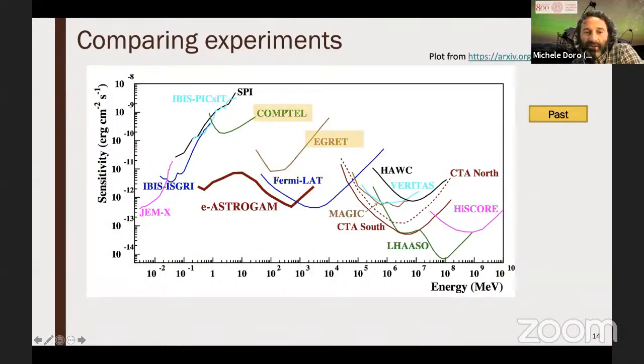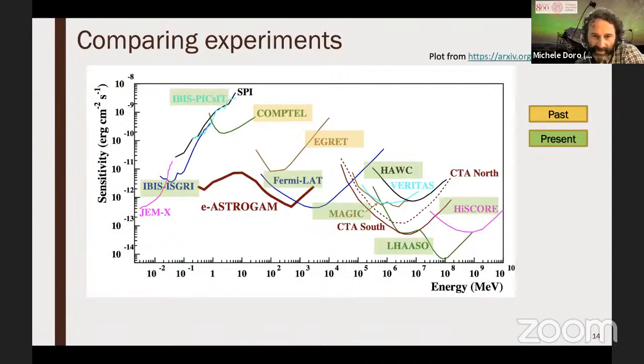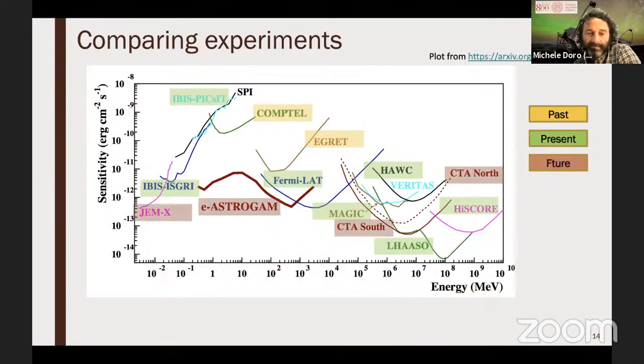That's why these are not all existing instruments. These two, for example, COMPTEL and EGRET, are not taking data anymore. They are on the top part. But these are many, and these are still there. Some are older, some are newer. But anyhow, HAWC, LHAASO, H.E.S.S., MAGIC, Fermi-LAT, and the INTEGRAL instruments are taking data now. And at the same time, we will have, so this is a mistake, GEMX is on INTEGRAL, instruments like eASTROGAM and especially CTA, which are the future.